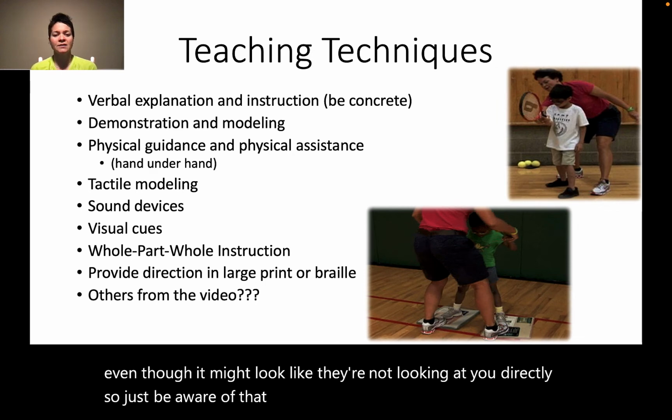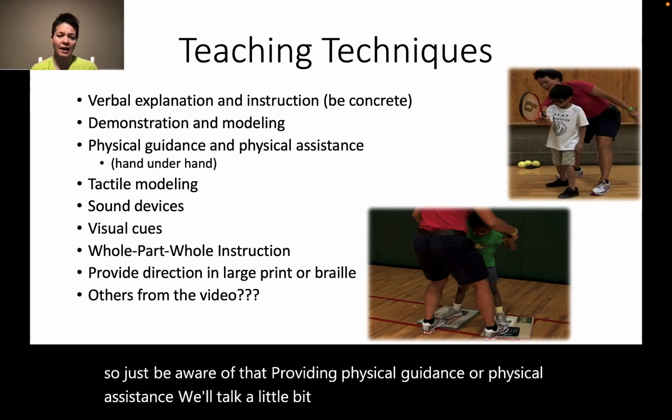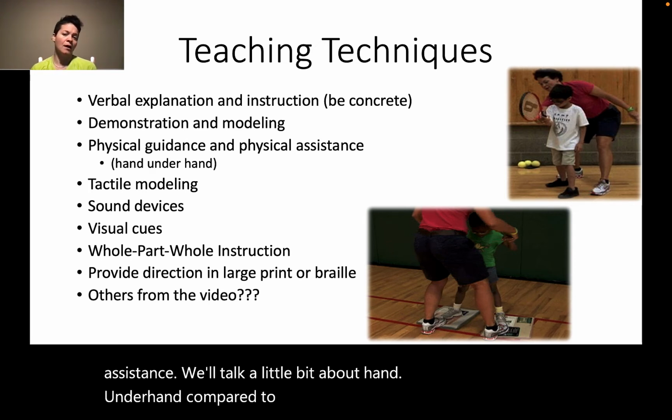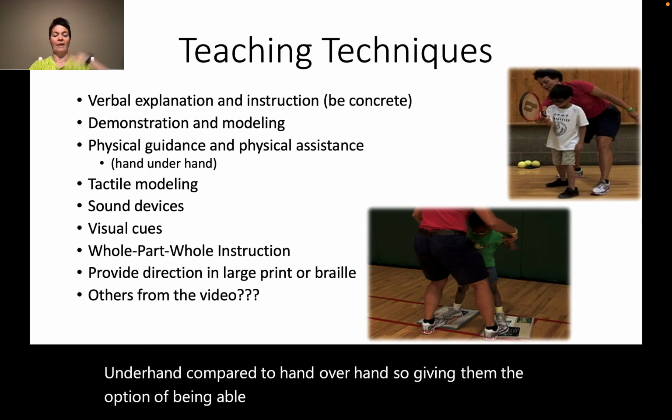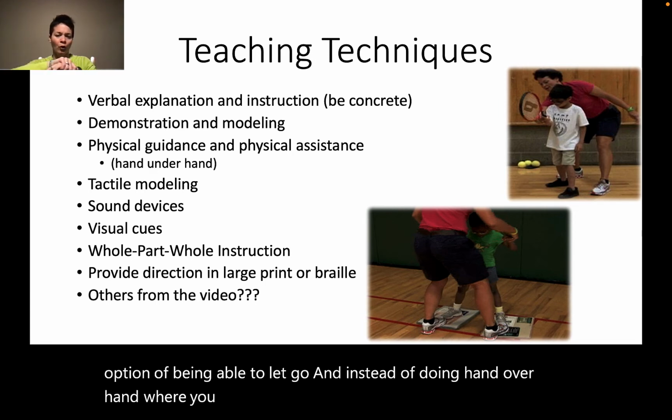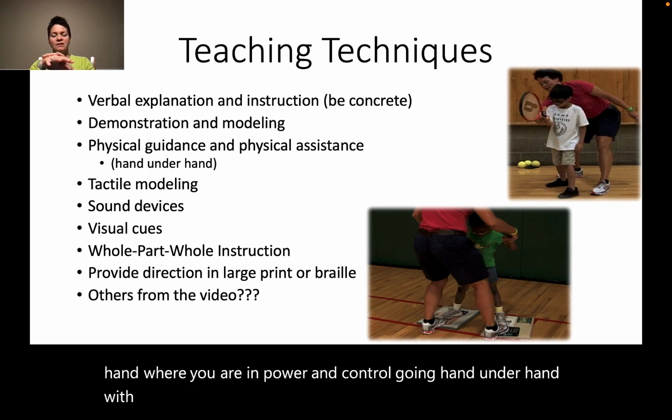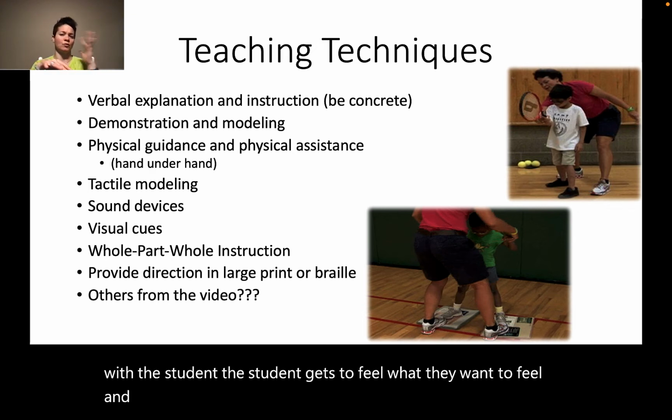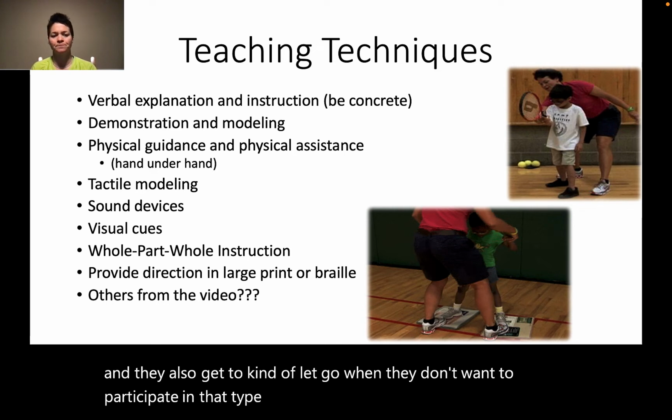Providing physical guidance or physical assistance. We'll talk a little bit about hand under hand compared to hand over hand. So giving them the option of being able to let go, instead of doing hand over hand where you are in power and control, going hand under hand, the student gets to feel what they want to feel, and they also get to let go when they don't want to participate in that type of guidance anymore.